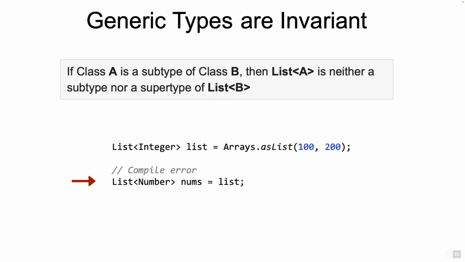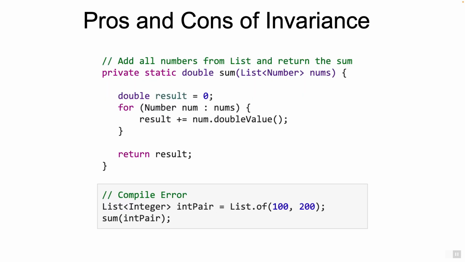In fact, we saw earlier an example of a compilation error when talking about the invariant property. You see that on the screen. Java Generics was basically designed for compile time safety, and that's a good advantage for developers. The compilation error eliminates an entire class of runtime ClassCastException errors, which would have otherwise occurred.